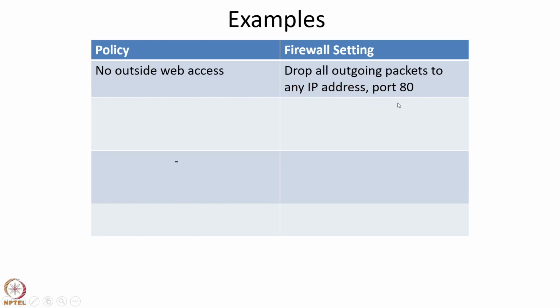Hence, if any user tries to establish a connection with an HTTP server, then it will have to send packets to some IP address, that is the IP address of the web server, and port number 80. And these packets will be dropped by the firewall. So users inside the organization's network won't be able to set up connections and browse web pages. So HTTP connections will be dropped by this firewall setting.